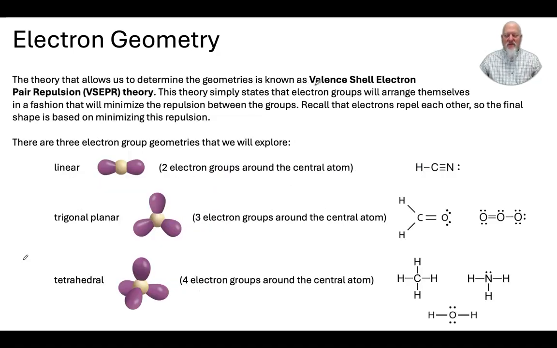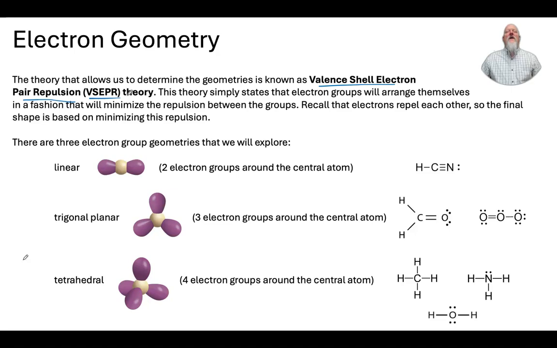So we have valence shell electron pair repulsion theory, called VSEPR theory for short. It basically says that all these electron groups around the central atom are going to repel each other, and they're going to do so to minimize the repulsion that they feel.